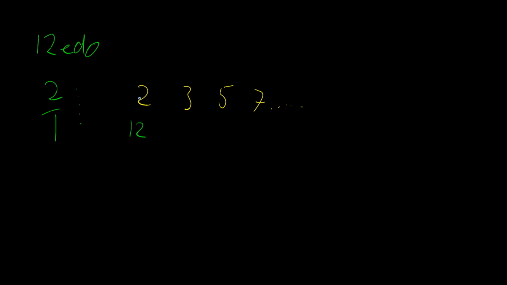And so we can say that there are 12 steps to the 2 on 1. And then our closest approximation in 12 Edo to a ratio of 3 on 1, or 3, is 19 steps. And our closest approximation to 5 on 1 is 28 steps. And so on. And you can check the math.